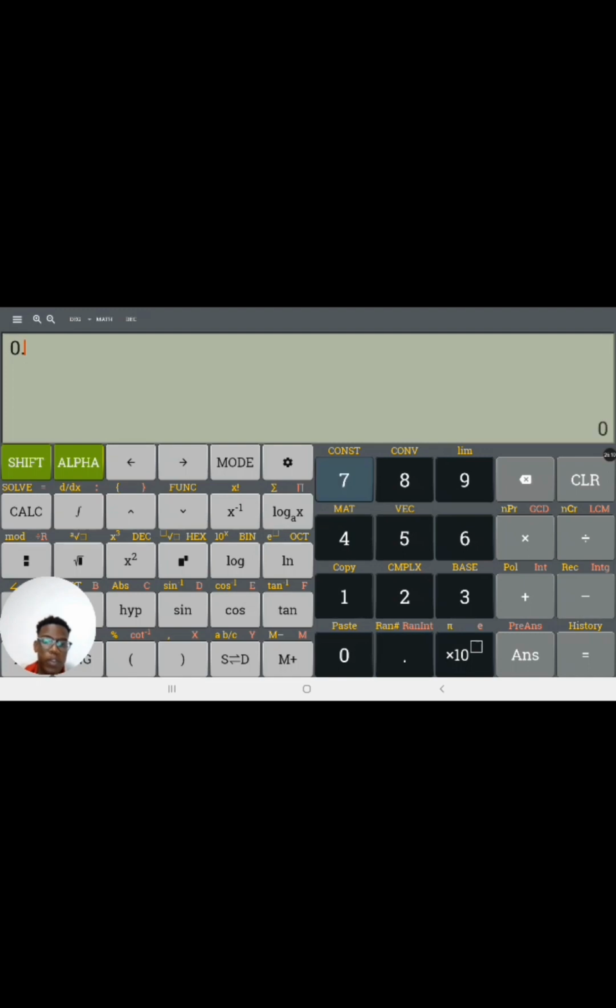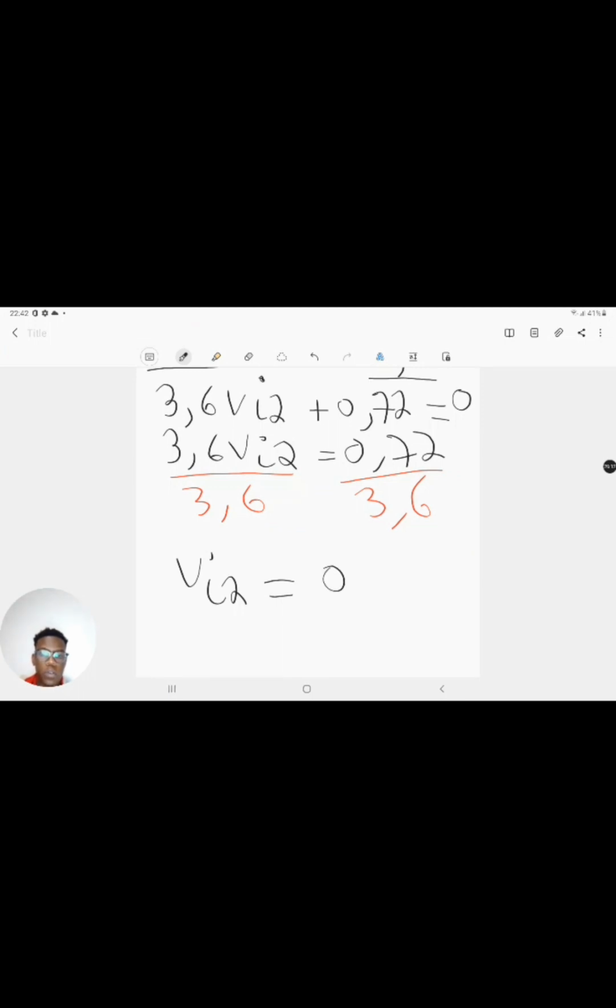That's 0,2. We actually get minus, because the 0,72 went to the other side and changed its sign, so that's a negative 0,2 there.